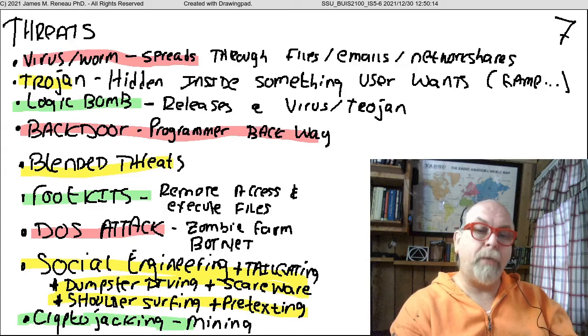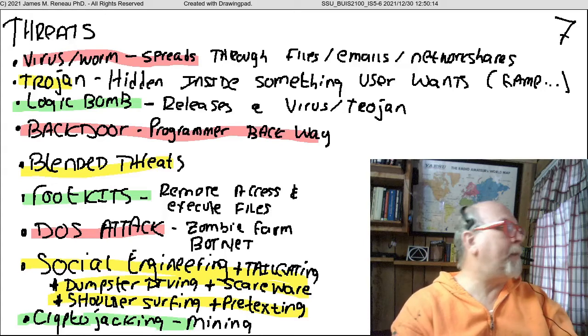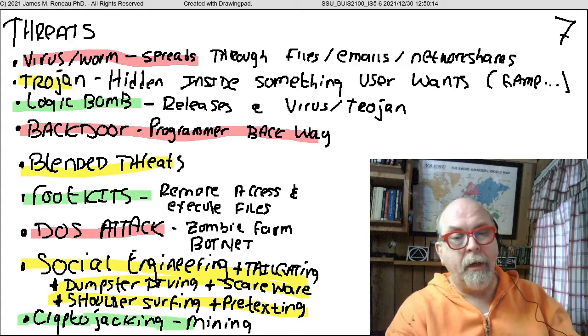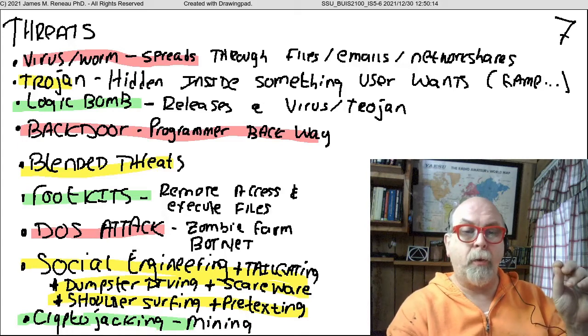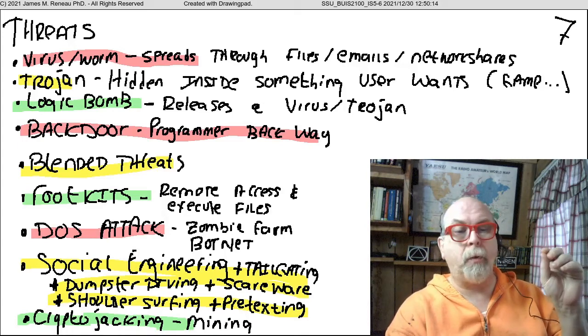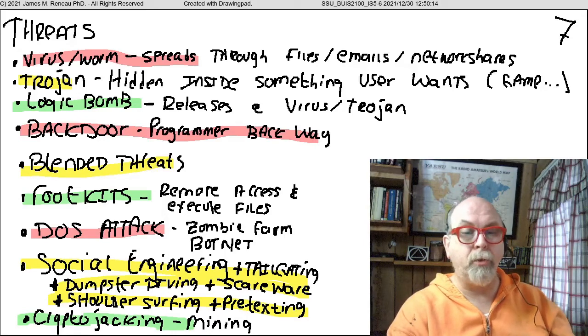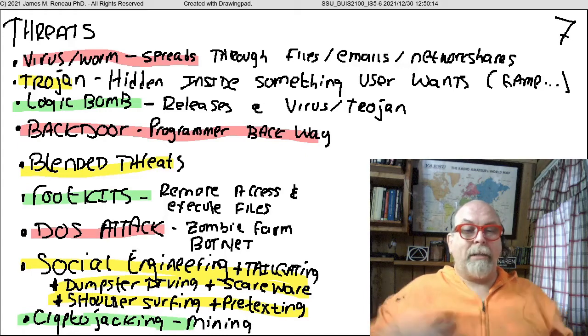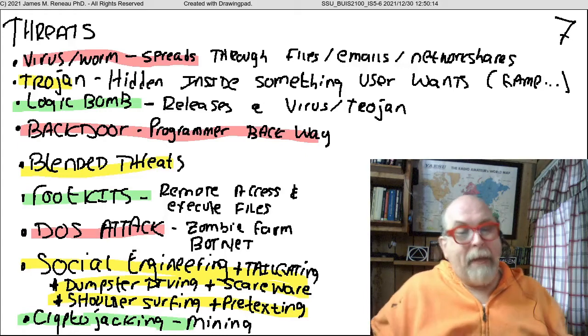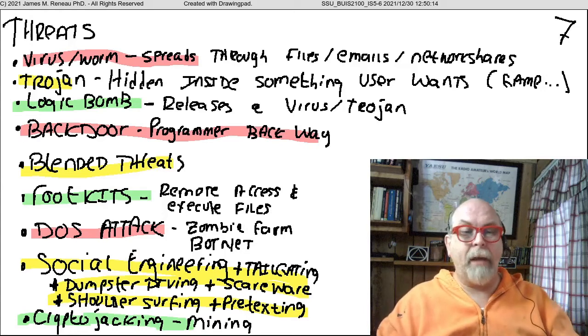A rootkit. First thing, let me describe who root is. On a Unix or Linux or AIX or any of the X-based operating systems that exist, root is the user ID for the system administrator. So a root, I've got a T-shirt that says "Got Root," so I've got the system administrator account.